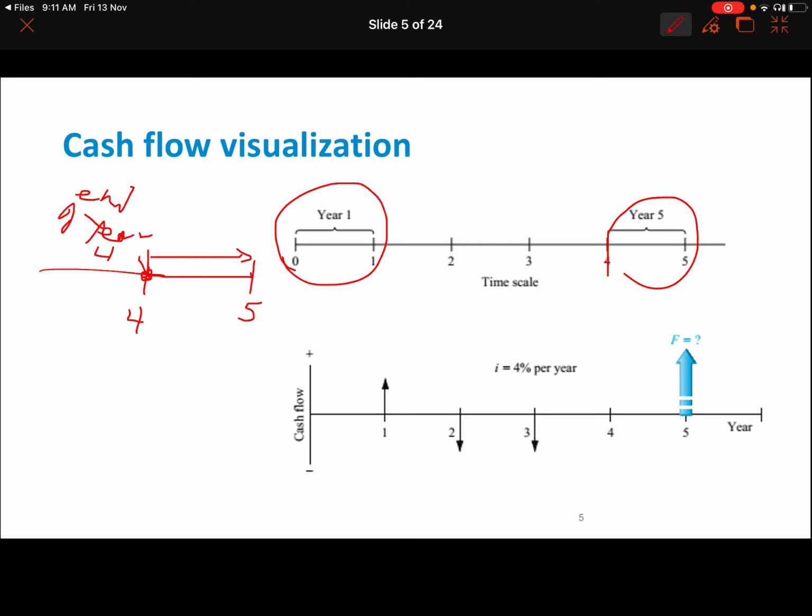So this is year five. Again, we said a cash flow is positive when up, negative when down, and the future value is at the end of a certain year. So N here equals 5.